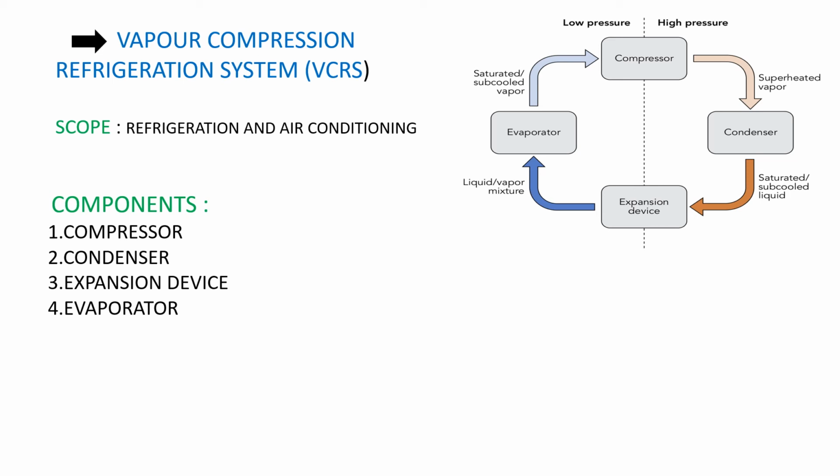So the left half of this cycle contains low pressure refrigerant, and the right half of this system contains high pressure refrigerant. And one more major thing that I want to tell you is that in this VCRS cycle we only transfer heat after adding work into the system.